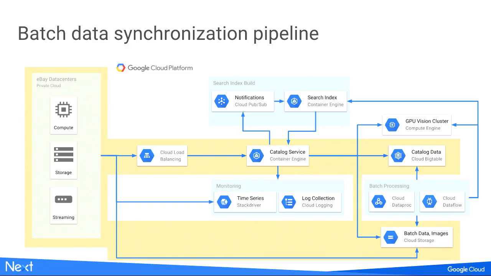Now, the way the batch pipeline works, first, of course, batch data is extracted from our Hadoop and Teradata data warehouses that run in core. The extracts that we run daily are broken into many small fragments containing up to a few million records, and we load these batches over to Google Cloud Platform and put them in Google Cloud Storage.